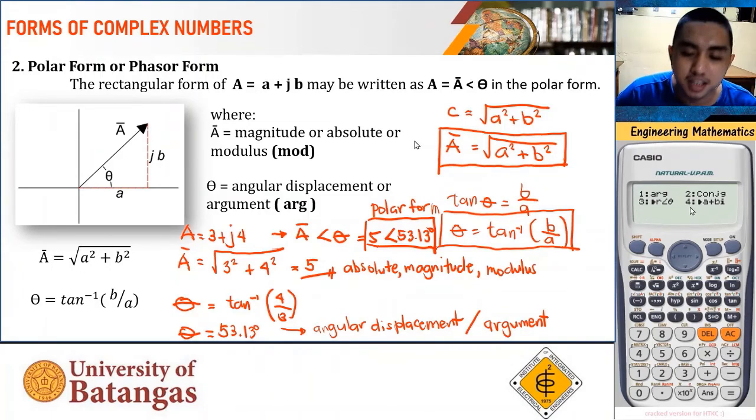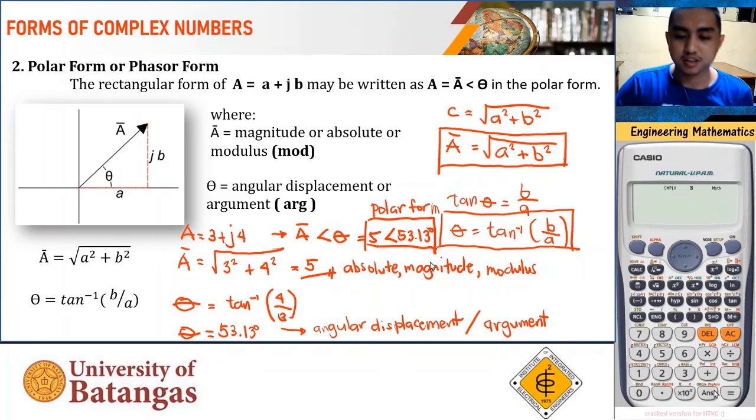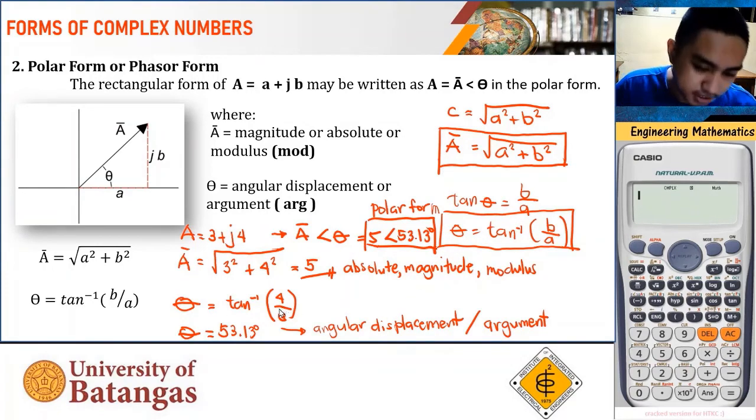So, ibig sabihin, gagamitin ko yung number 4. Okay, so, ayan, ang naging sagot. So, hindi nagsakto kasi hindi naman buo yung inilagay natin para dun sa ating angle. So, pero halos 3 plus 4i na din yan. Okay, next.